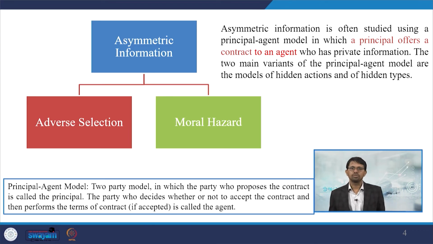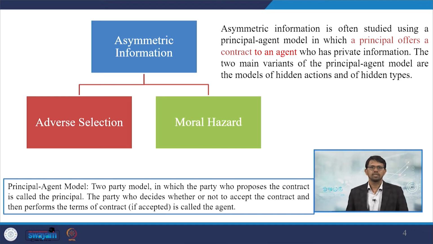Asymmetric information is often studied using a principal agent problem in which a principal offers a contract to an agent who has private information. The two main variants of the principal agent model are the model of hidden actions and hidden types. So, one is action and another is called type.